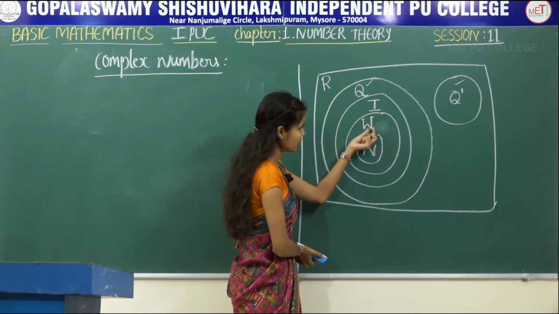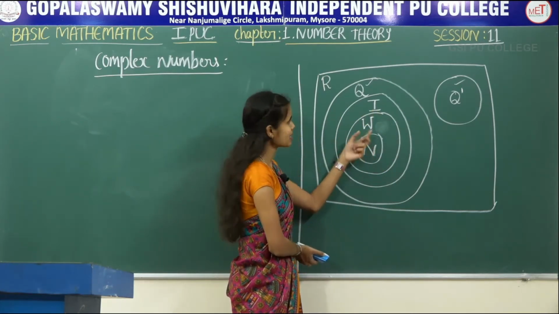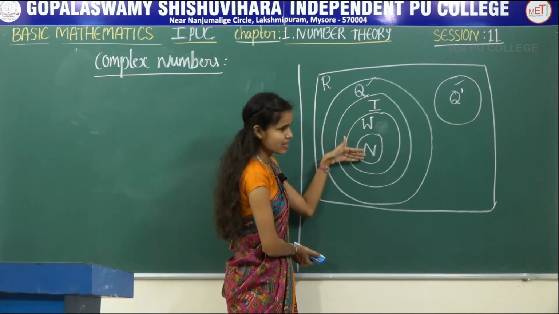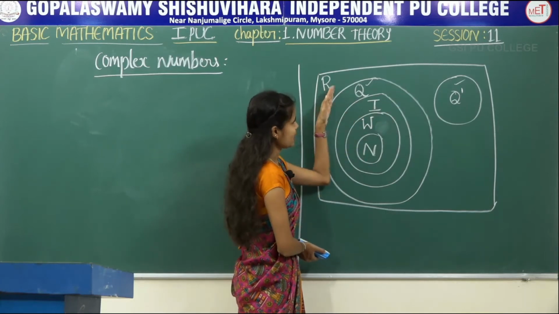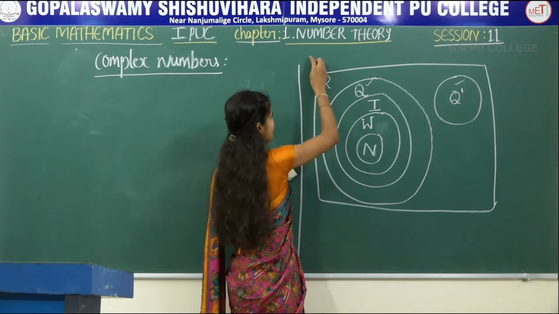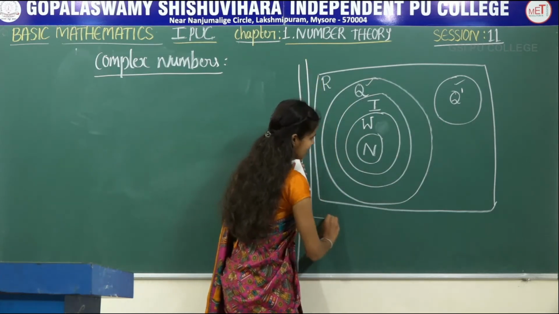Integers include whole numbers as well as natural numbers. Rational numbers include integers, whole numbers, natural numbers. A real number is a union of rational and irrational numbers. So the complex number system is the enlarged number system for real numbers.